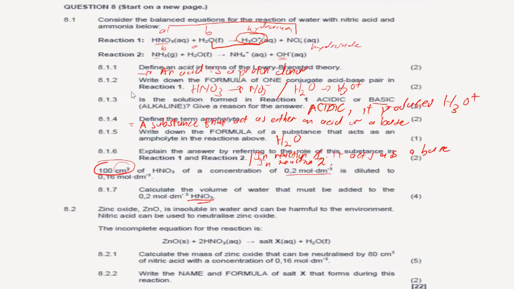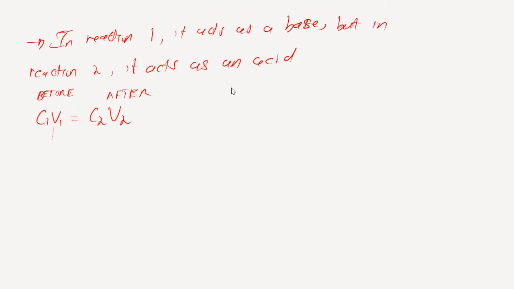Reading the statement, we had 100 cm³ of nitric acid of a concentration of 0.2, and now it is diluted. That means they now add water. I always say that if you have, let's say, your Oros squash, this is the volume before.